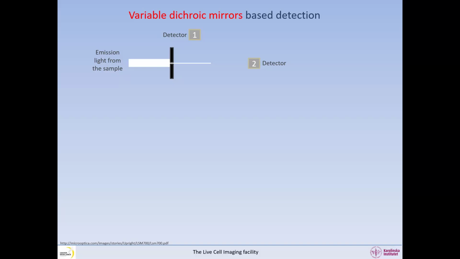Here we have the emission light coming from the sample, which will pass the pinhole, and then we have a so-called variable secondary beam splitter, as Zeiss calls it, which will either reflect the light via a mirror to a first detector, and the rest of the light will pass and reach the second detector.